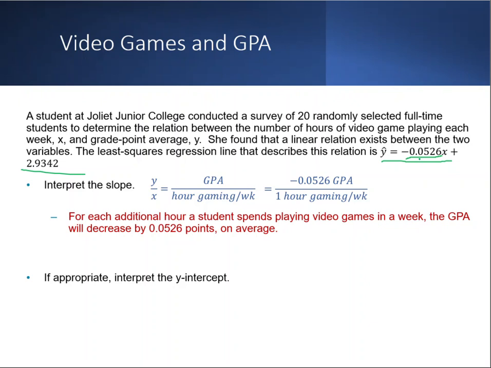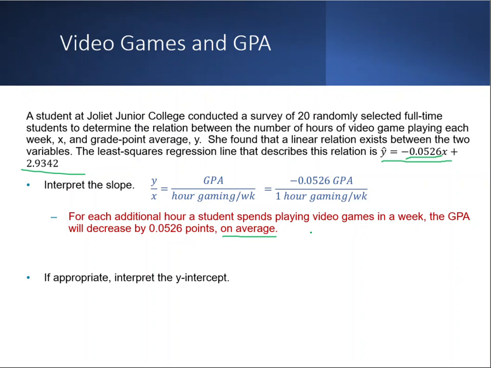And I'm also identifying which variable is increasing and which is decreasing. Because my slope is negative here, my X value, the hours of gaming, is increasing, and therefore my GPA must be decreasing. And then, of course, we allow for a little bit of wiggle room by putting it as on average.